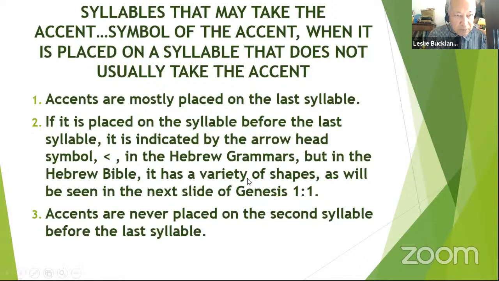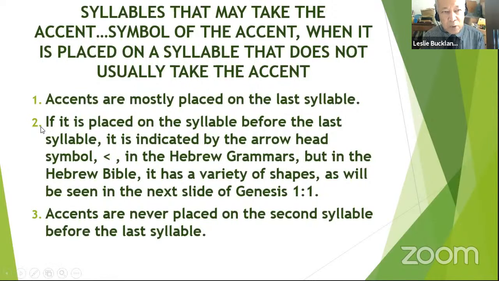First of all, accents are mostly placed on the last syllable of a word, and it occurs so often as a rule rather than the exception that in Hebrew grammars they often do not use any symbol to indicate where the accent is. It is taken for granted that the accent is on the last syllable of a word.